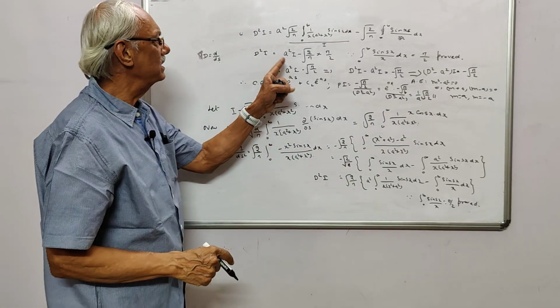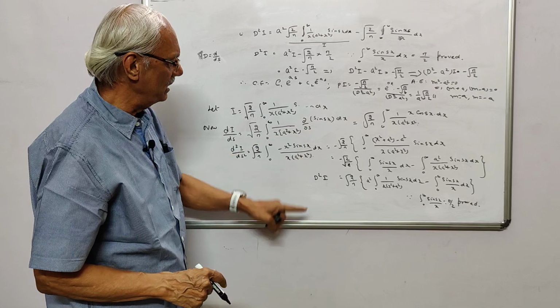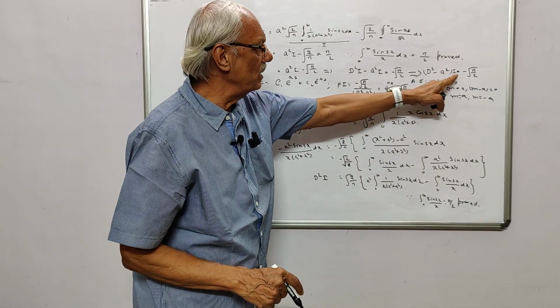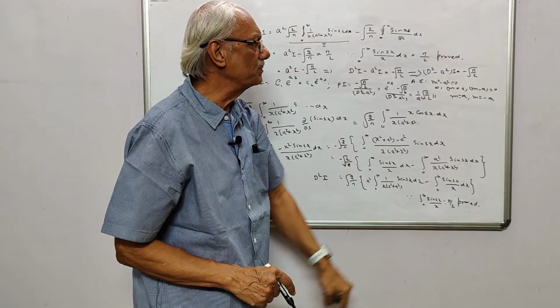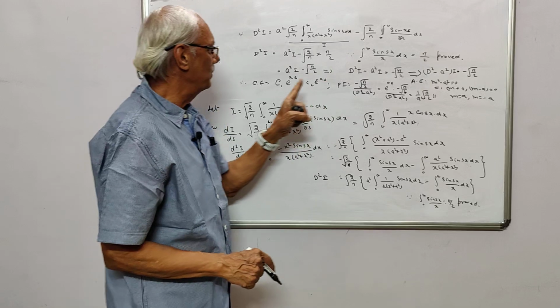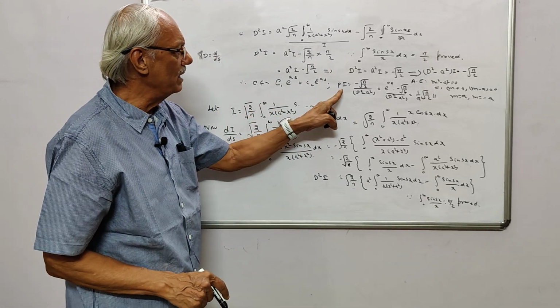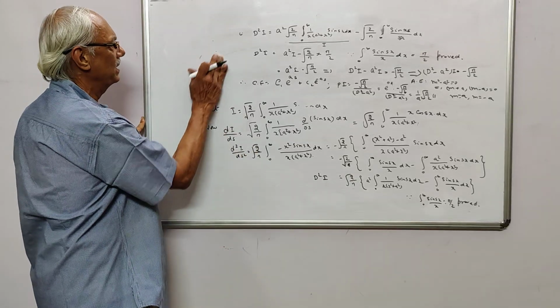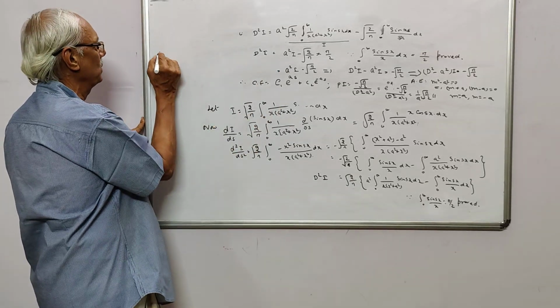Now you have solved this differential equation. What is this differential equation? This is your differential equation: (D squared minus a squared) I is equal to minus pi by 2. I have solved it. See, the auxiliary equation is this, I am able to get the complementary function, and I am able to get the particular integral as this. Therefore, I will write it here because I want space.